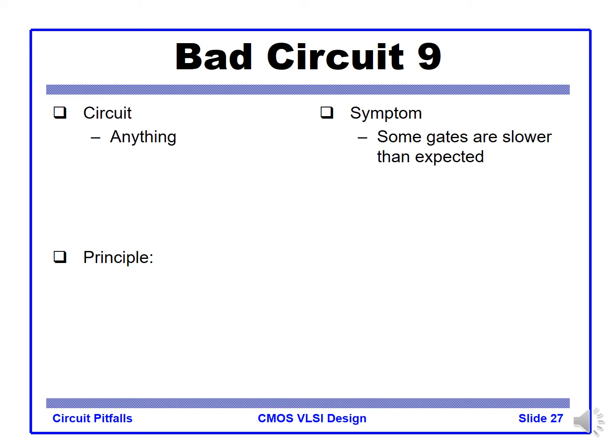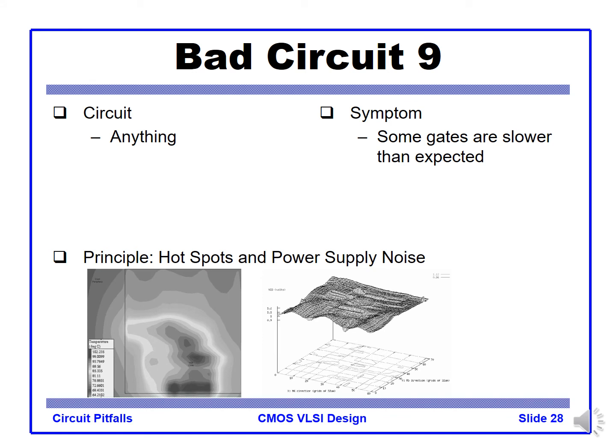Another bad circuit is a circuit that can behave differently than expected. So what would be the principle for avoiding such kind of bad circuit? We try to simulate different power supply levels and some abnormal environment.